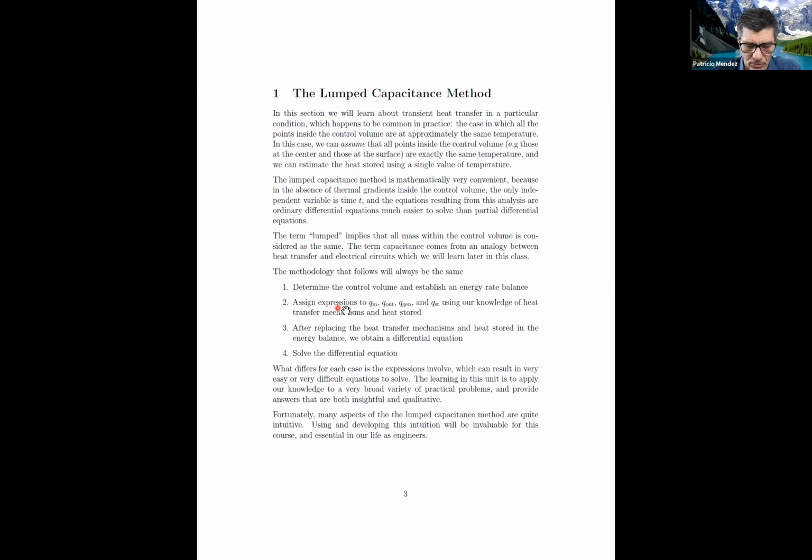Two, we will assign expressions for heat in, heat out, heat generated, and heat stored. We know how to do it because we'll do convection, radiation, contact, whatever it is, heat generation. Three, we are going to put these expressions into the heat energy balance.